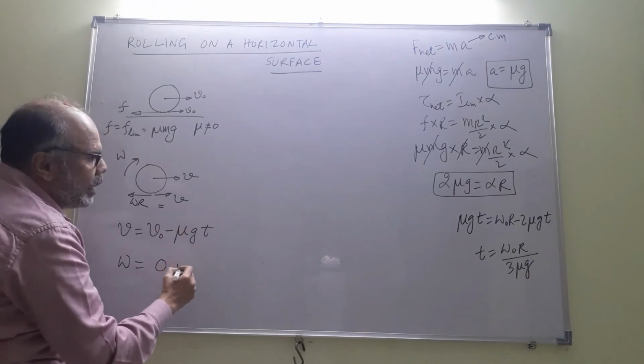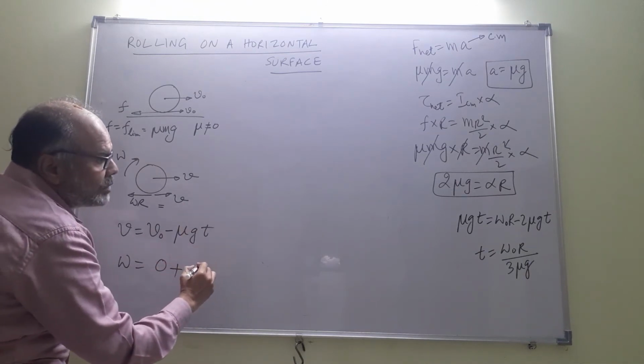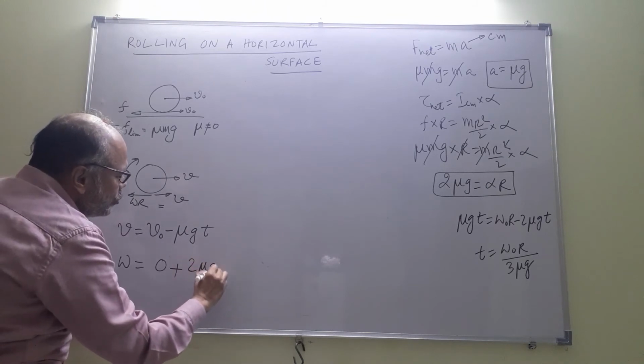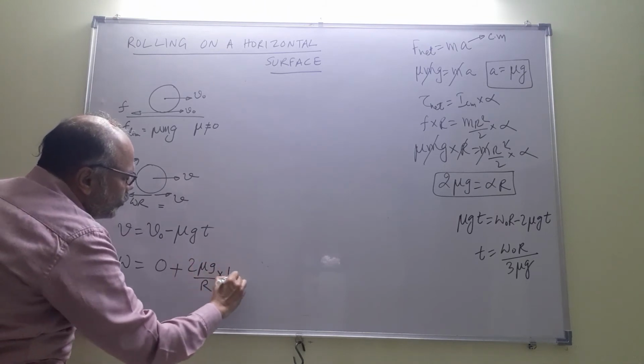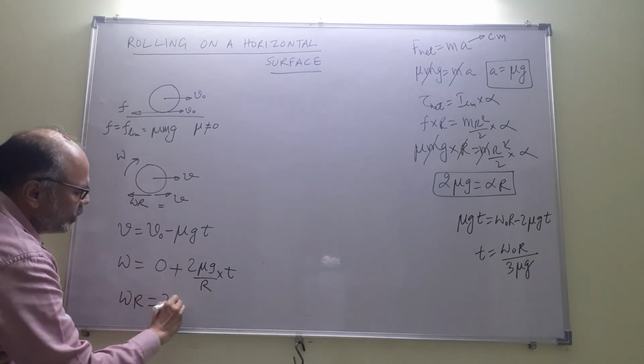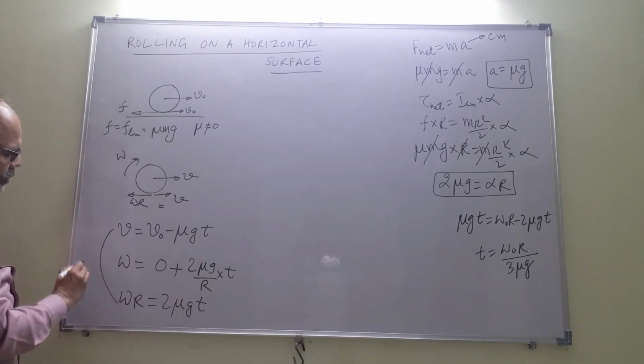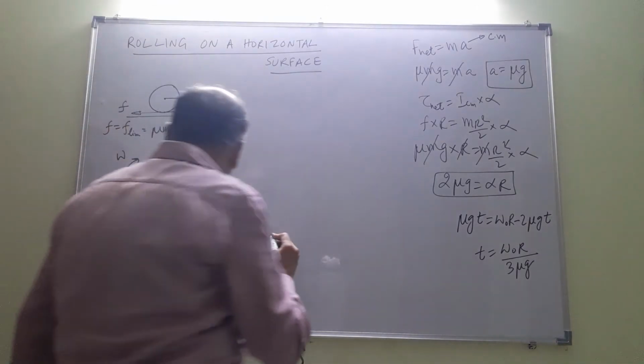So omega naught plus alpha into t, where alpha is 2 mu g by r. If you multiply this by r, omega r will be 2 mu g t. So there comes the situation when v becomes equal to omega r.